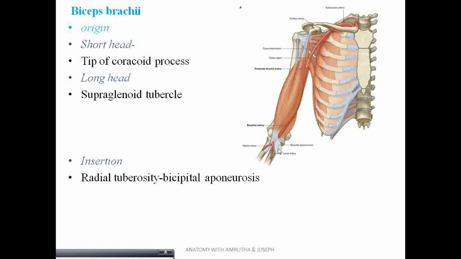Bicipital aponeurosis is an expansion of the biceps muscle, and this is inserted to the posterior border of the ulna and also blends with the deep fascia of the forearm. So at insertion, there are two entities. One, as a tendon, it is inserted to the radial tuberosity of the radius, and as an aponeurosis, that forms the bicipital aponeurosis, and that is inserted to the posterior border of the ulna.